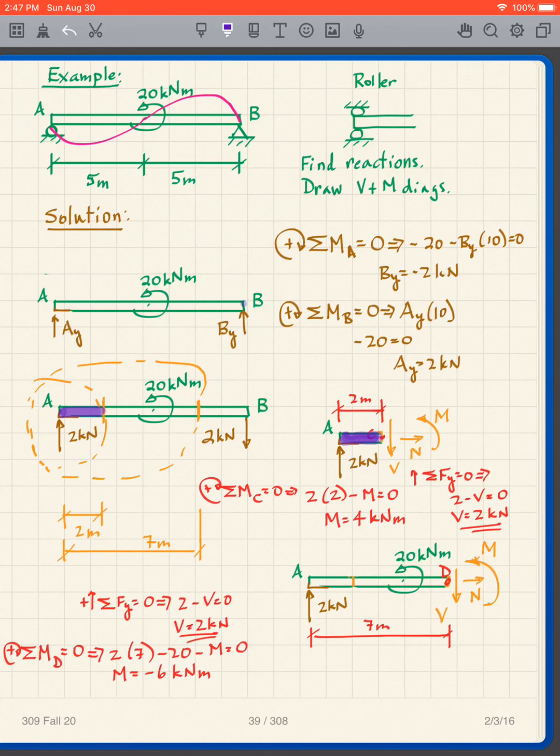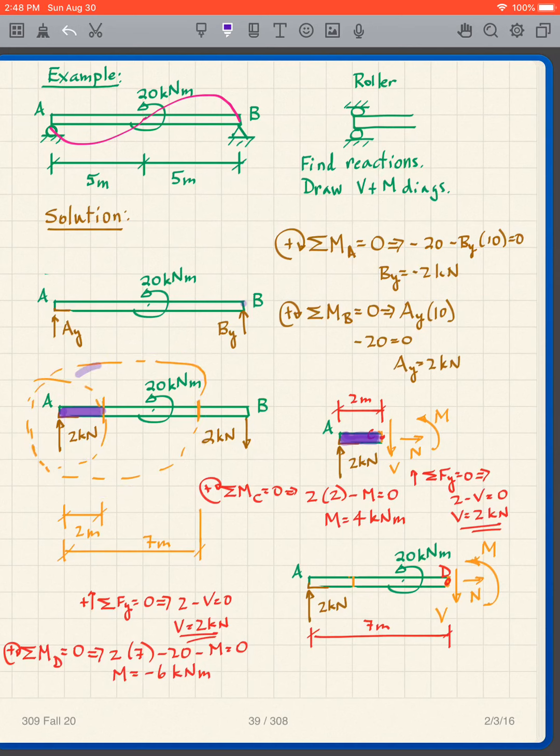Now, I'll start by making some cuts again to show the influence of this concentrated moment. I'll make a cut there to begin with, and I'm going to make a cut over here. So let's just take a look at those two situations. That cut there is this free body diagram here. I have my V, N, and M, as I always have, with the direction that I said was positive.